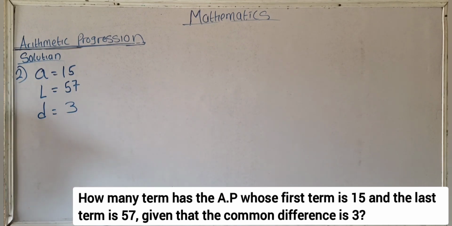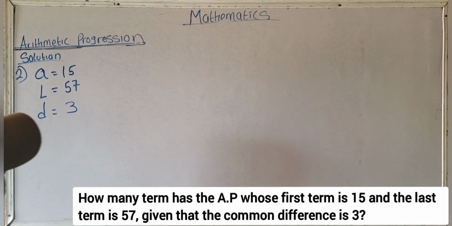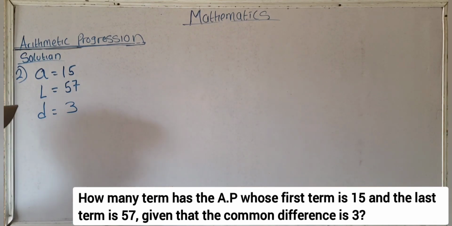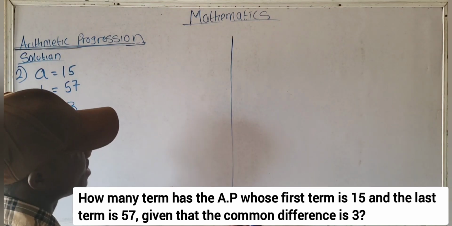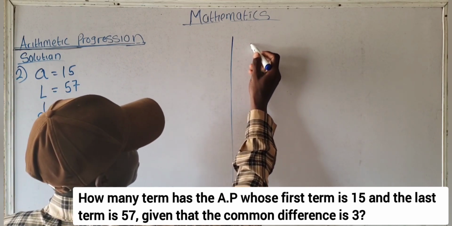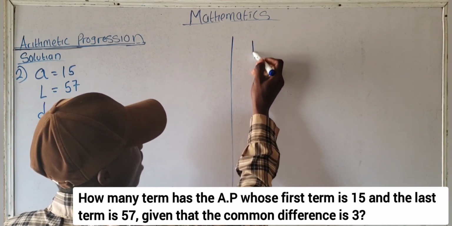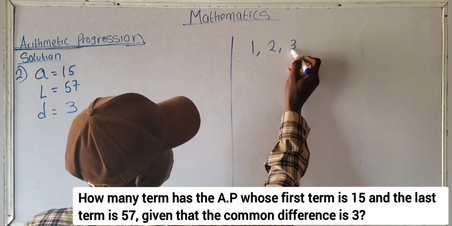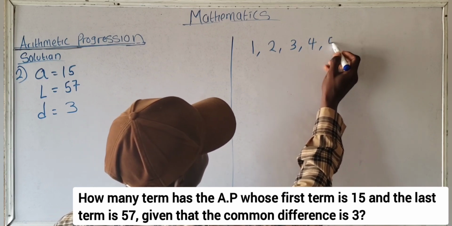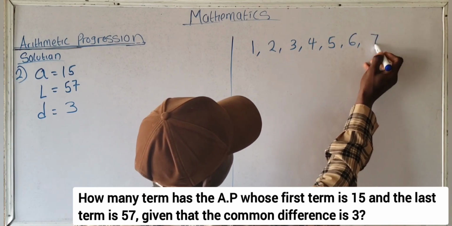Now, listen. Let me give you an example. Please pay attention. Suppose we have a sequence that contains the following numbers: 1, 2, 3, 4, 5, 6, 7.